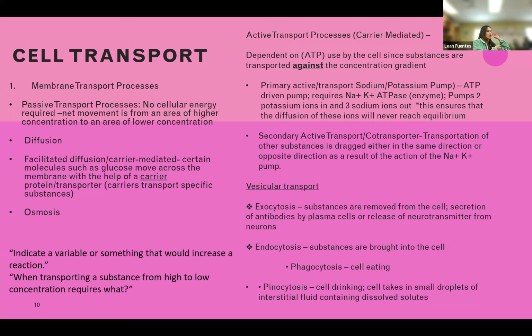Primary active transport is the sodium-potassium pump, an ATP-driven pump that requires sodium and potassium, and ATPase, which is an enzyme. The big thing to know is that it pumps 2 potassium ions in and 3 sodium ions out.